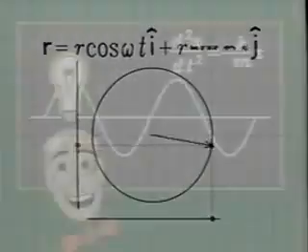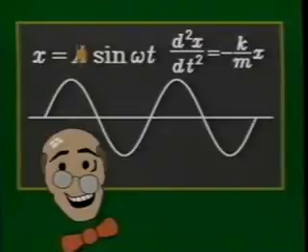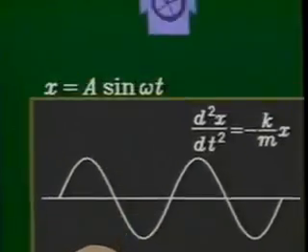In this case, a sine function with amplitude A and angular frequency omega. But if that's x, is its second derivative equal to minus k over m times x?